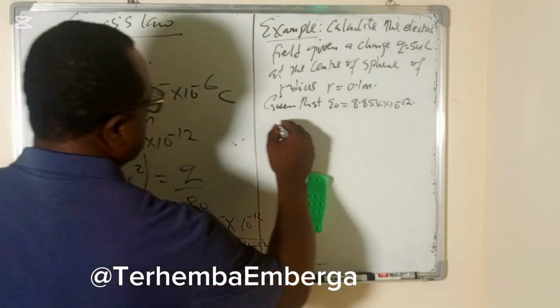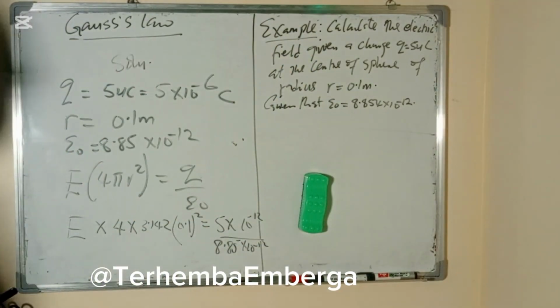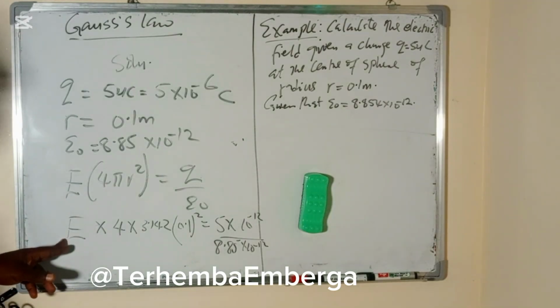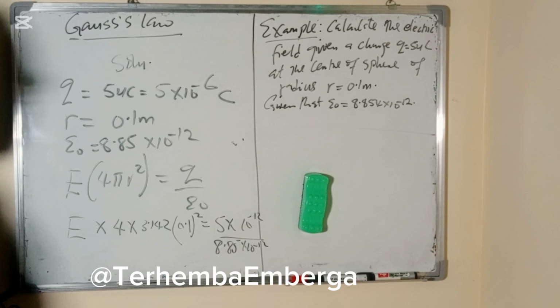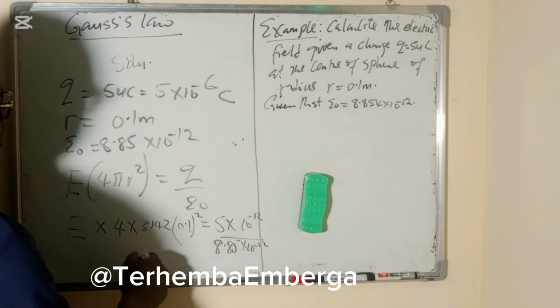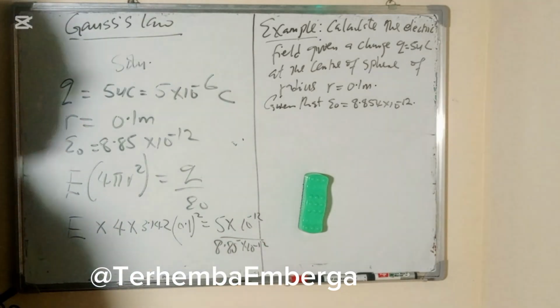So in this case, what you need to do is to make E the subject. And in making E the subject, we divide both sides by this.